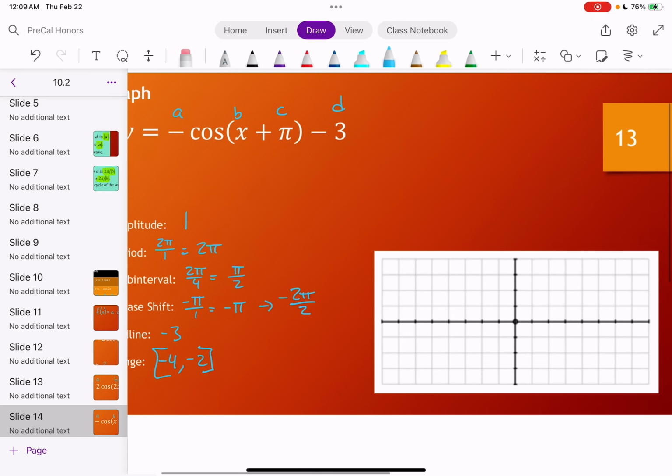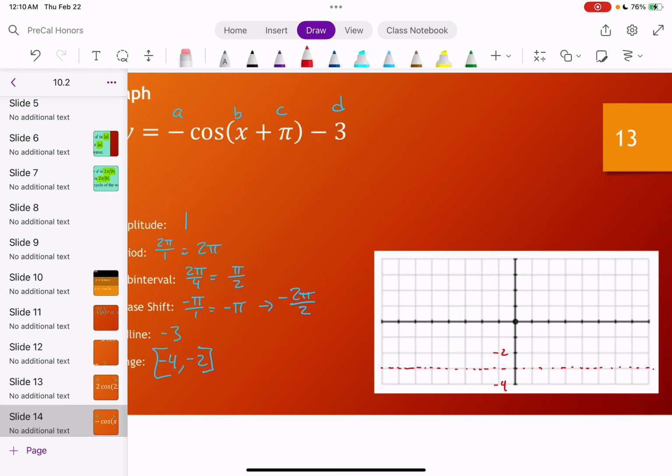First thing we would go ahead and do is draw our midline at -3. From there, we're going to label out our maximum and minimum. In this case, maximum would be -2. Our minimum would be -4.